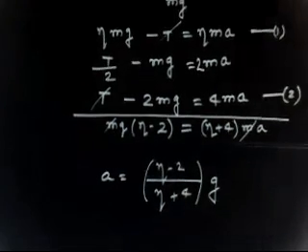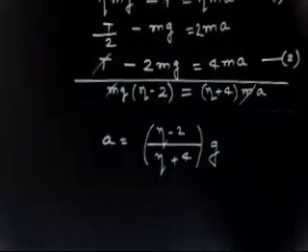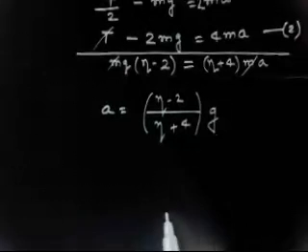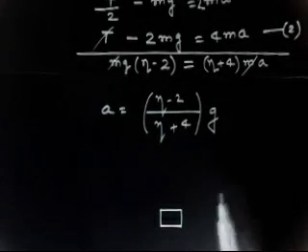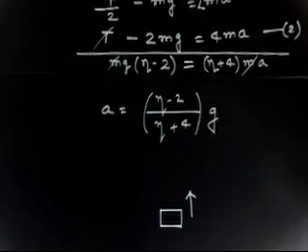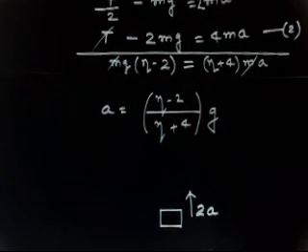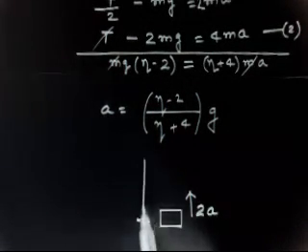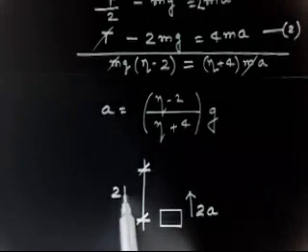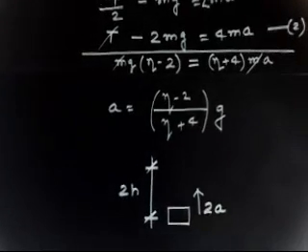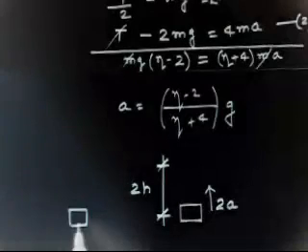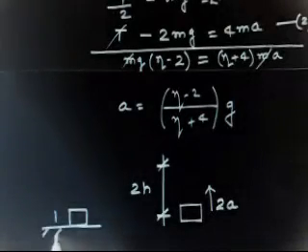Okay, so let us see what is happening for this mass, let us say object 2. Object 2 has just started to move up with acceleration 2a. Basically this will move up to height 2h. Once this has moved to height 2h, object 1 is now on the surface.